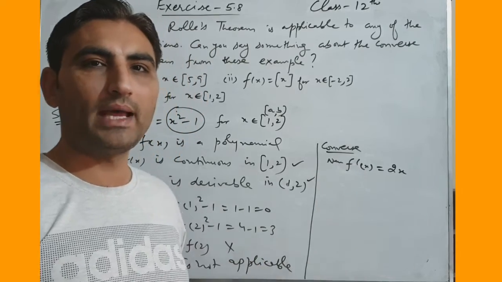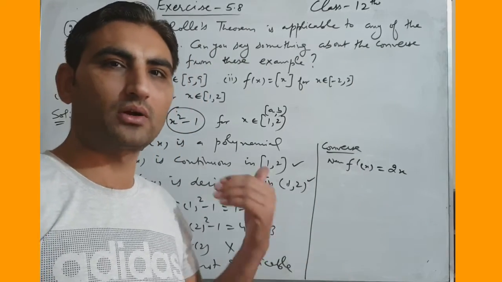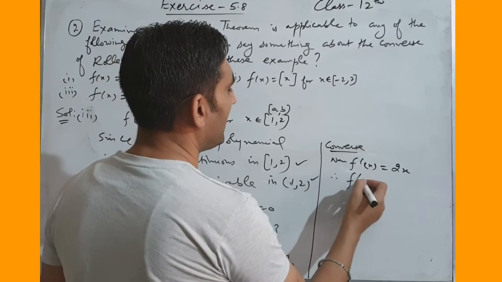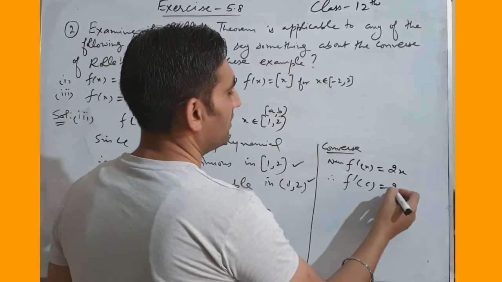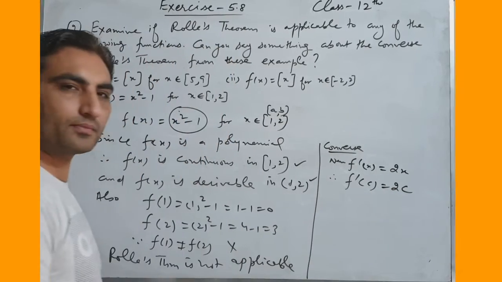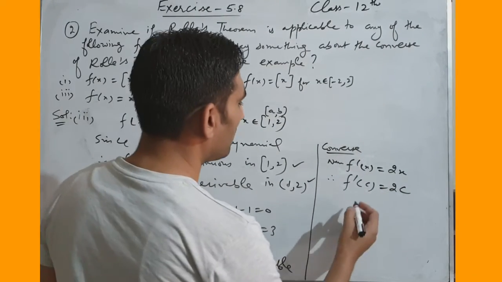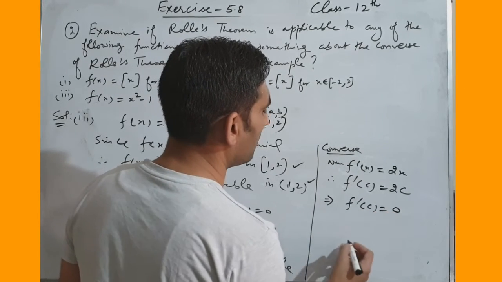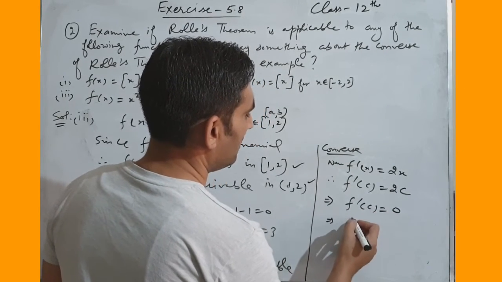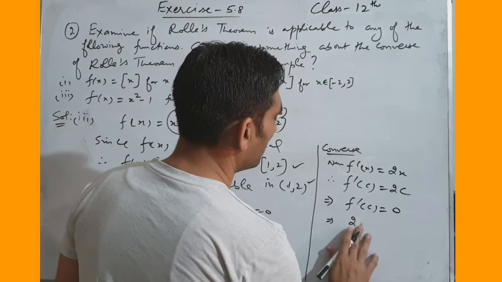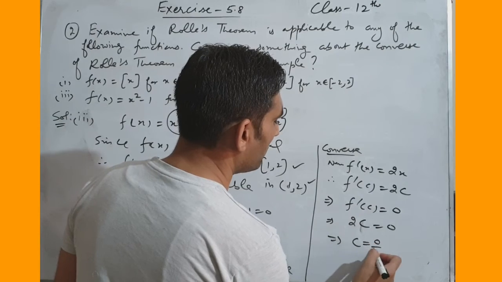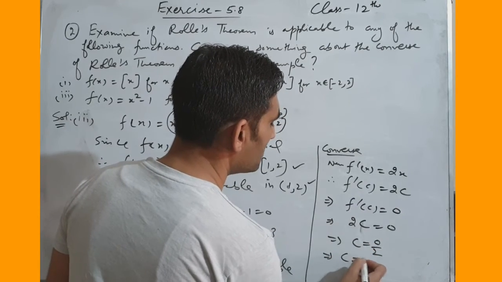Let's start from f dash c equal to 0 in reverse order. So f dash at c equals 2c, or we can say f dash c equal to 0 implies 2c equal to 0, so c equals 0 over 2, or c equals 0.